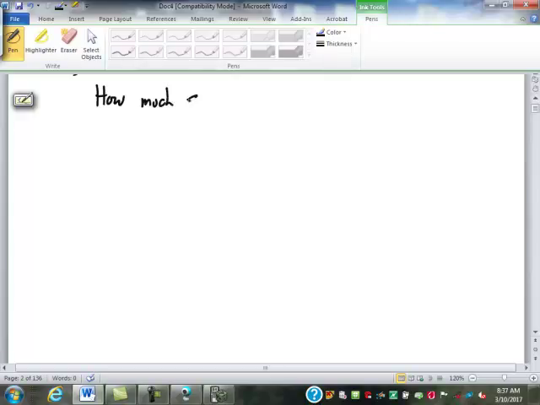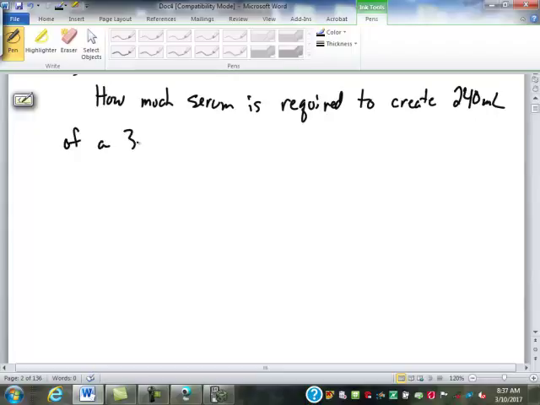Let's see, how much serum is required to create 240 milliliters of a 3-in-8 dilution.